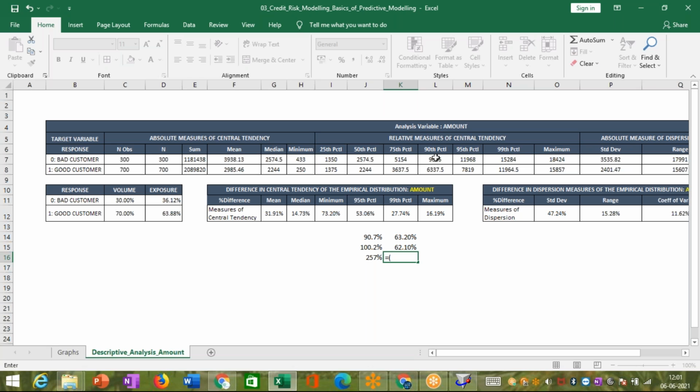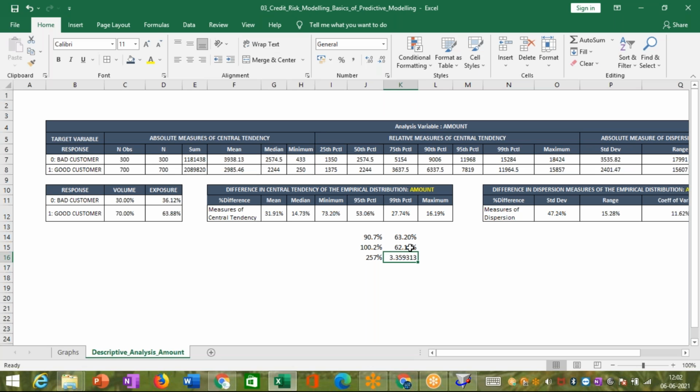From the 75th percentile to the 100th percentile, the variability has increased. That's fine. But up till the 75th percentile, the growth has been very simple.